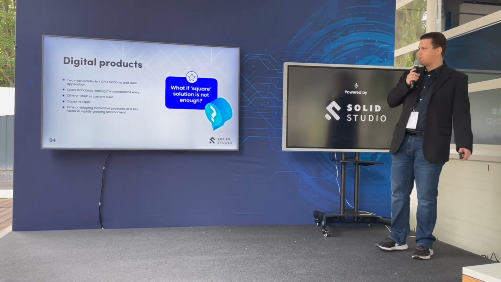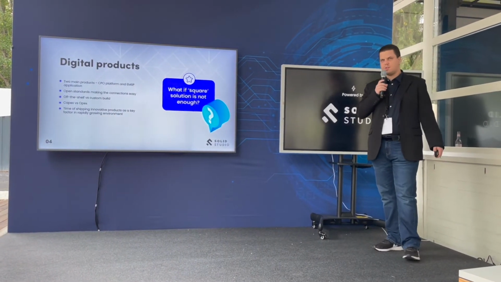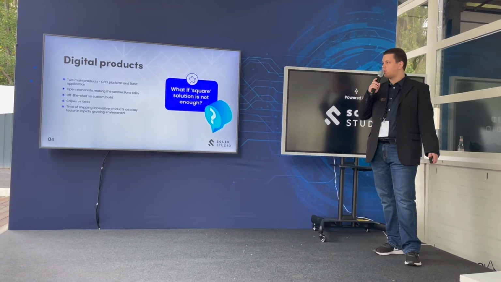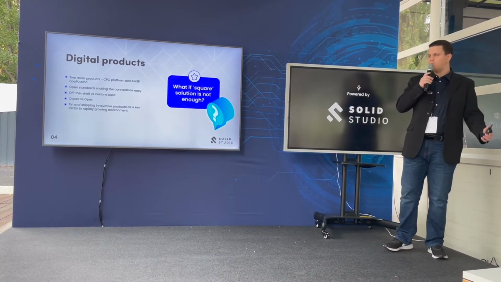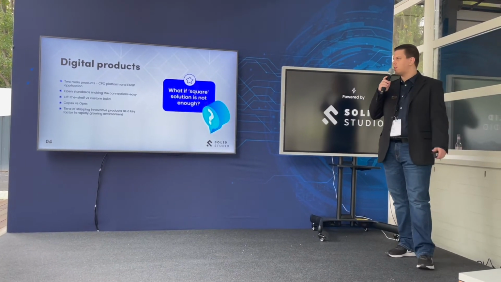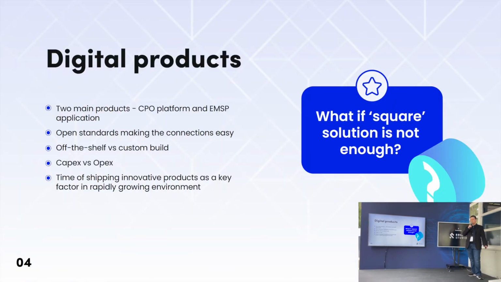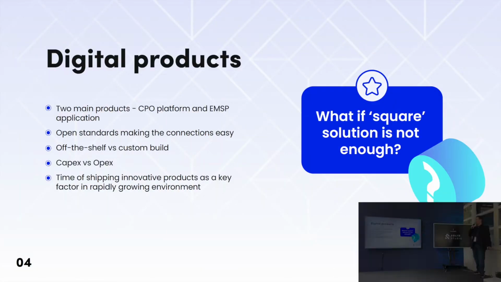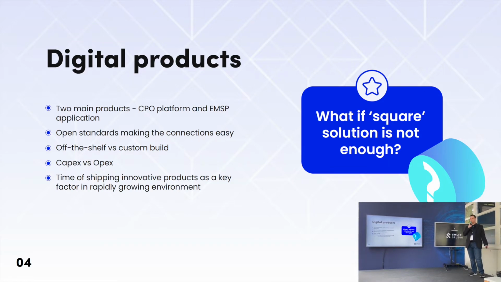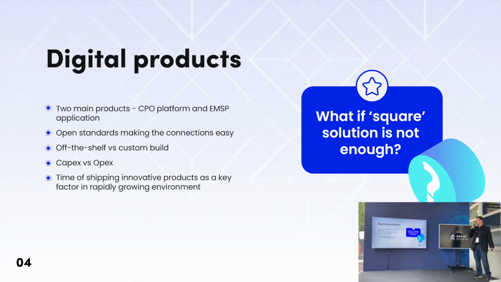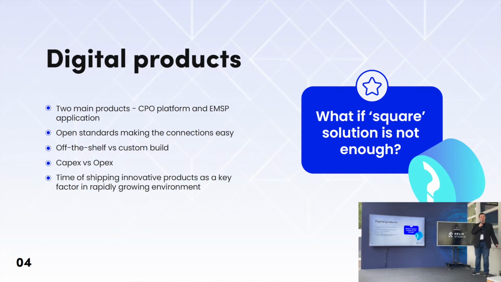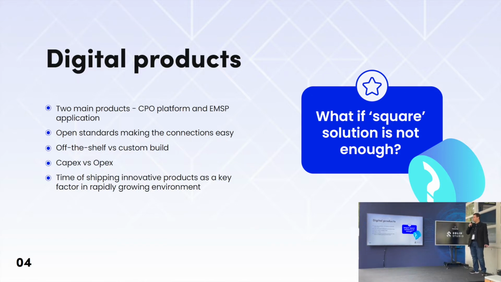So let's start with the different types of digital products in the eMobility world. As all of you know, there are two main players on the eMobility market. There is the CPO and the EMSP. For CPO, we have the charge point management system or the CPO platform. And for EMSP, we have the mobile application for end users, EV drivers, to charge their electric vehicles.